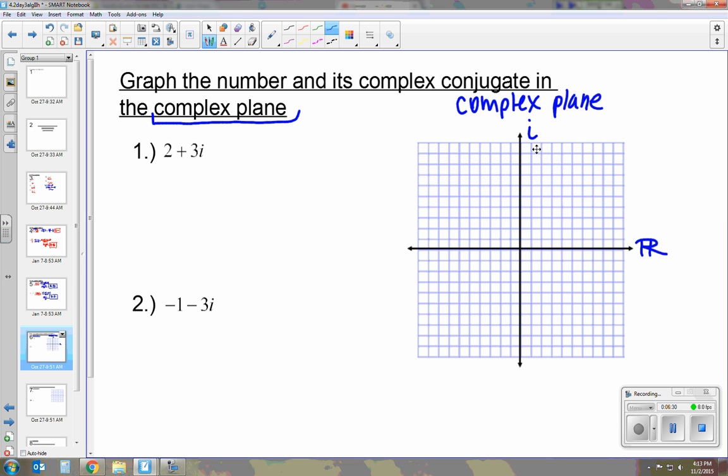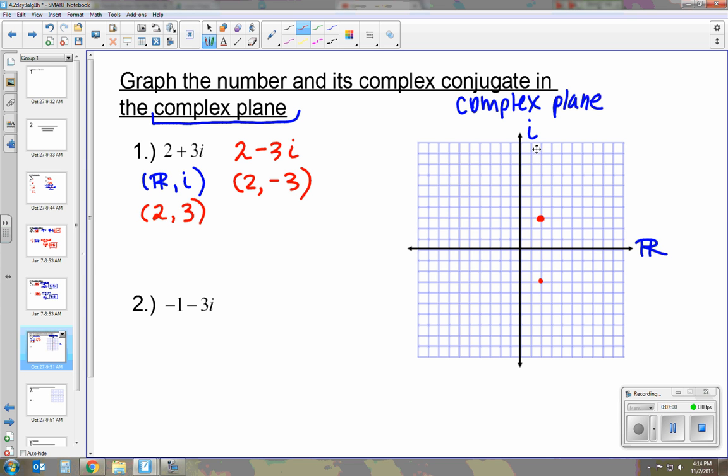And instead of having an x and a y, we're going to have a real, comma, imaginary. So the value of our real number here is 2, and the leading coefficient of our imaginary number is 3. So that's graphed as 2, 3. Now let's graph its complex conjugate, which is 2 minus 3i, so that's going to be 2 comma negative 3.